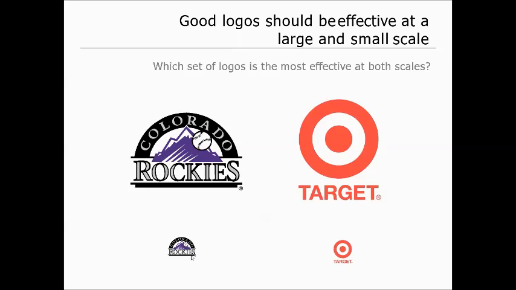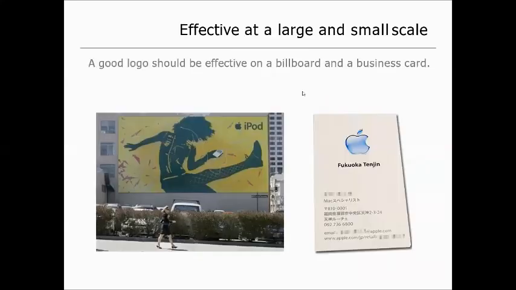So when it has been decreased in size, you cannot immediately see the difference between the text and the image. Unlike here, wherein the color jives with the icon for the target, it's pure red. So it is also effective at a large and small scale.